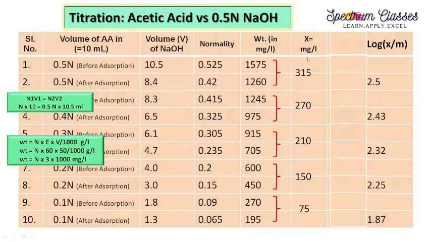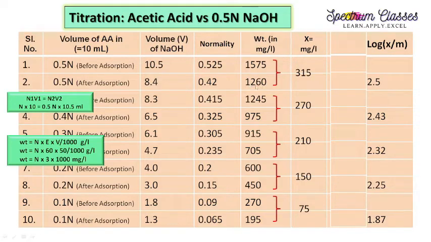Now the next goal is to get the log value of equilibrium concentration. Now the question comes, what is equilibrium concentration? So equilibrium concentration is the concentration while we are doing the adsorption, right? So some part is adsorbed, some part is remaining, so they have established an equilibrium.